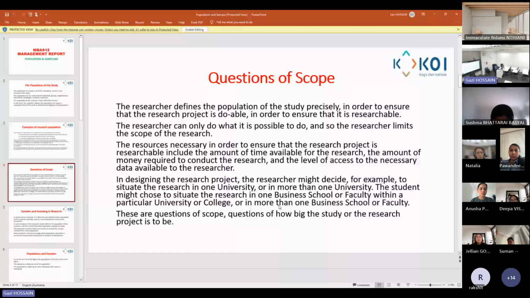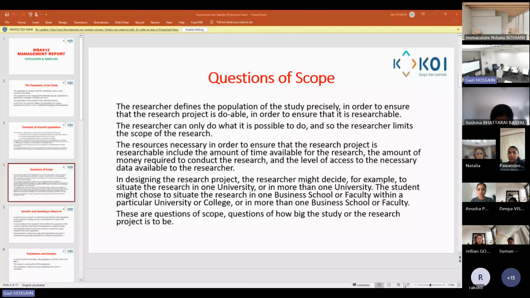So we were saying that the questions of scope relate to the population, so that the researcher can only do what is possible to do, and so researchers limit the scope of the research. The scope of the research depends on the researcher's ability, the manpower, or data collectors or assistants.